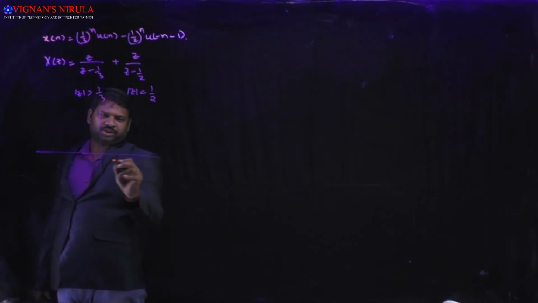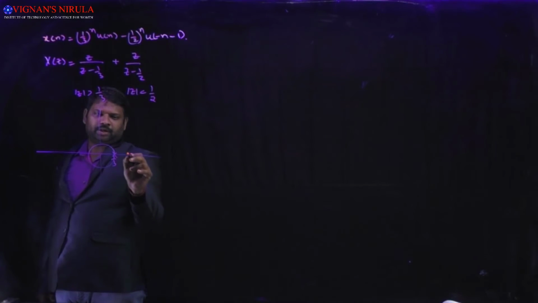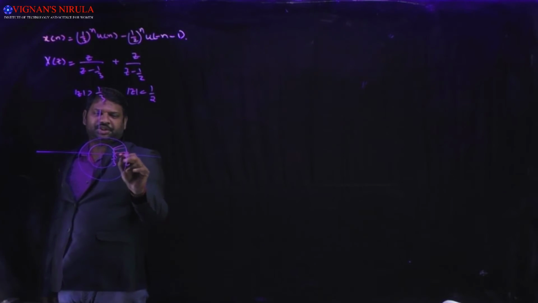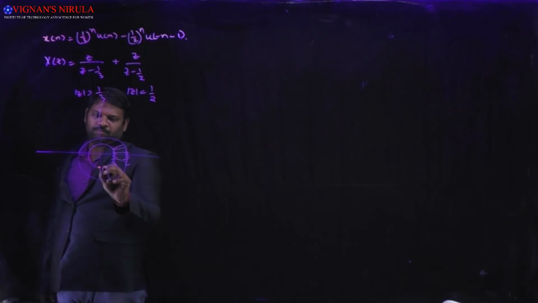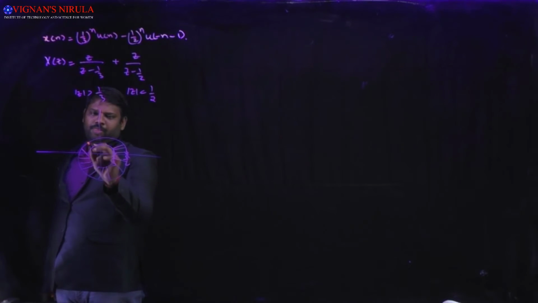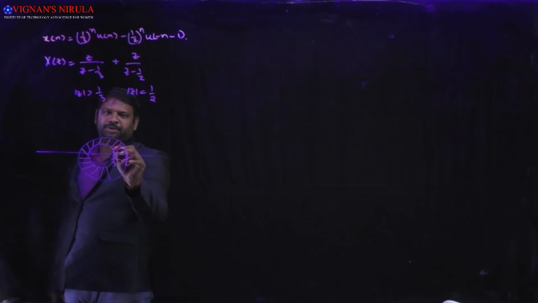Therefore its ROC, here we'll have one circle, at 1/2 we'll have another circle. Therefore the intersection region is nothing but this one. That means it forms like a ring.